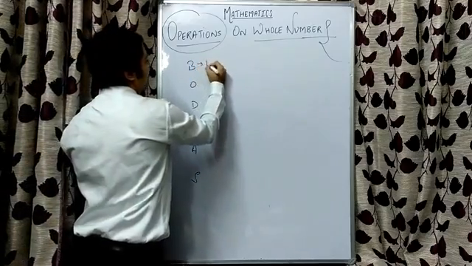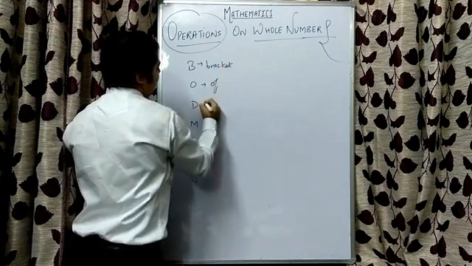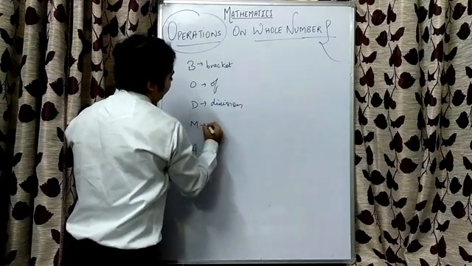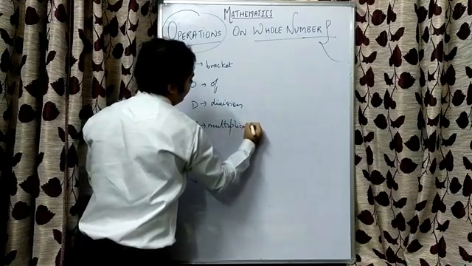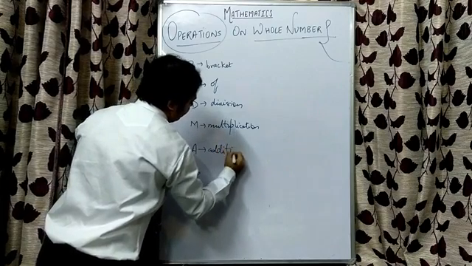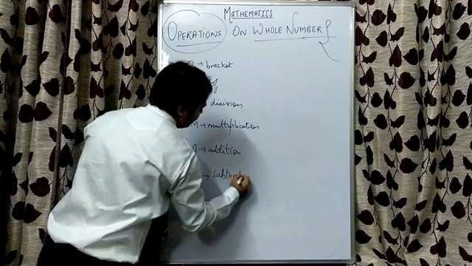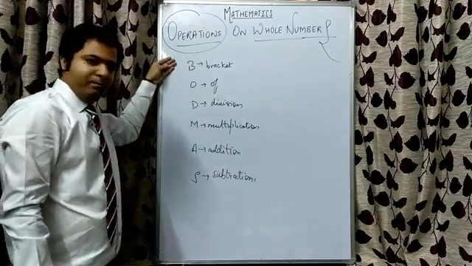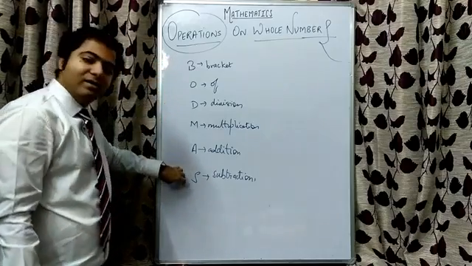B stands for bracket, O for of, D for division, M for multiplication, A for addition, and S for subtraction. And the order of solving them is the same: B first, then O, then division, then multiplication, then addition, then subtraction.